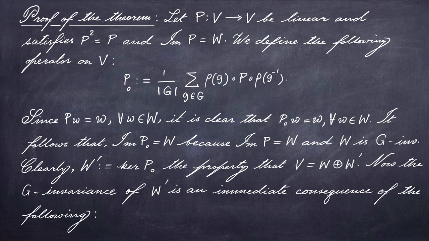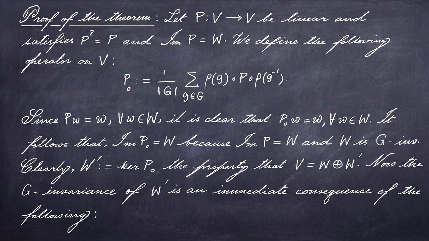The image of P naught is W, and P naught fixes every point of W. From this it is clear that P naught is a projection operator, because P naught of P naught x, since this is in W, has to be P naught x.